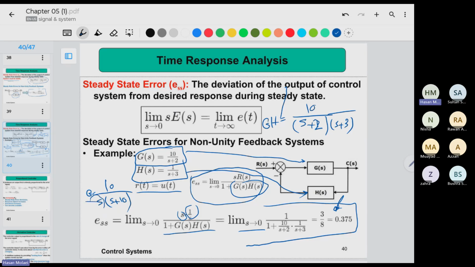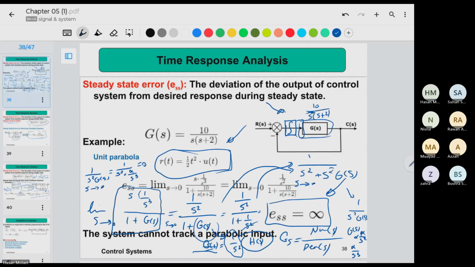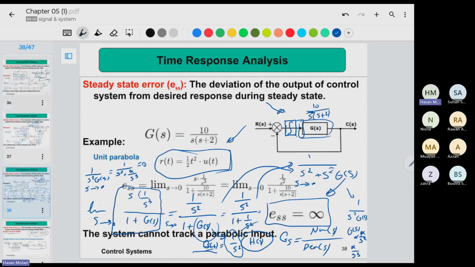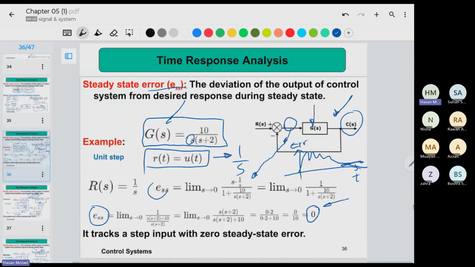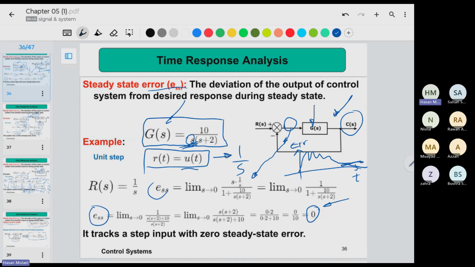This 1 over S, as you saw, helps reach zero error for the unit step. Because of this S, after the calculation, you could reach zero error for the simple step function, right?